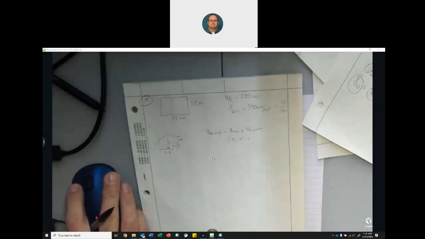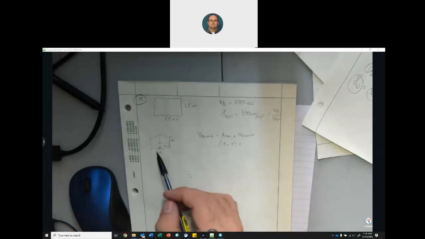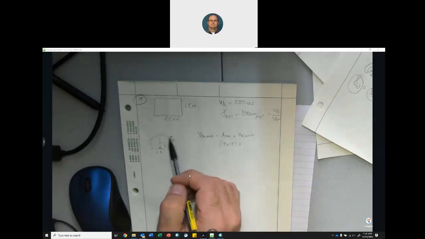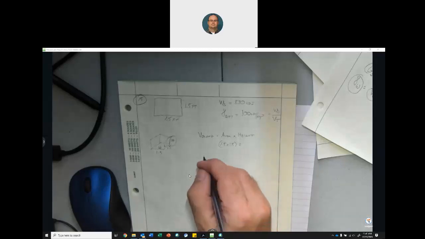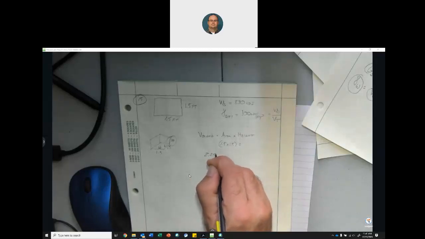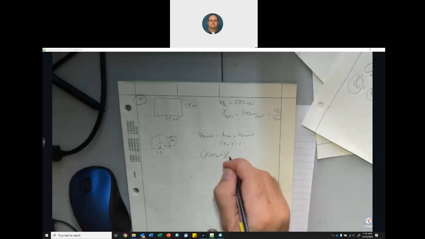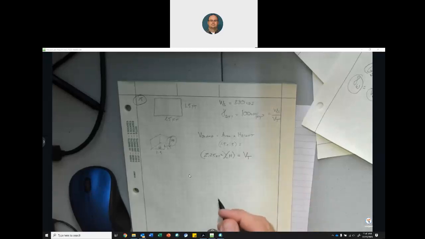I'm looking for my height to fit that sand in there. So 1.5 times 1.5 equals 2.25, so 2.25 square feet times H will equal my total volume.